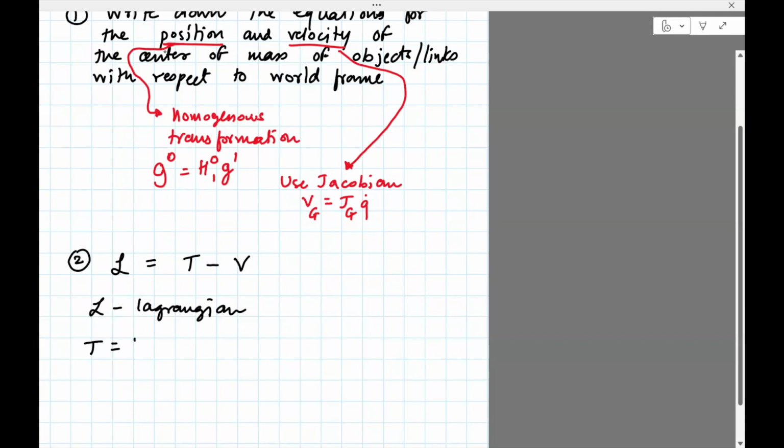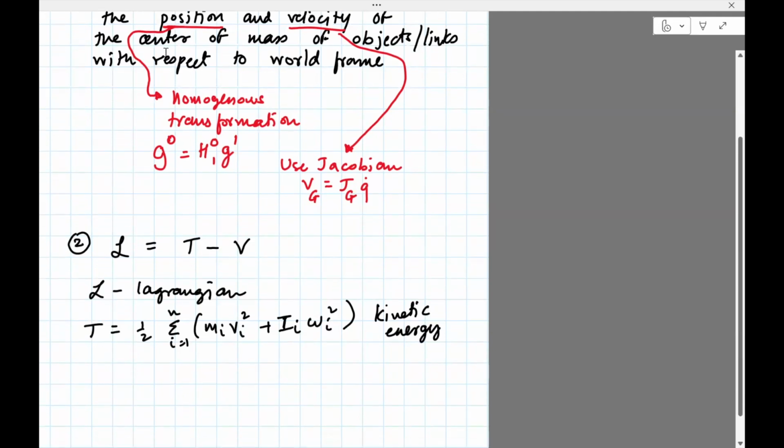So the formula for T would be half summation, assuming there are n links or n bodies, of m_i v_i squared plus I_i omega_i squared. That's the kinetic energy. v_i is the linear speed, omega_i is the angular speed.